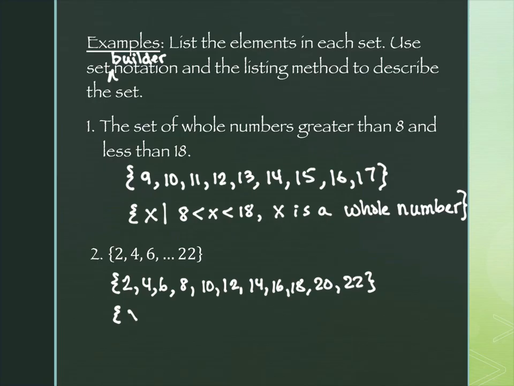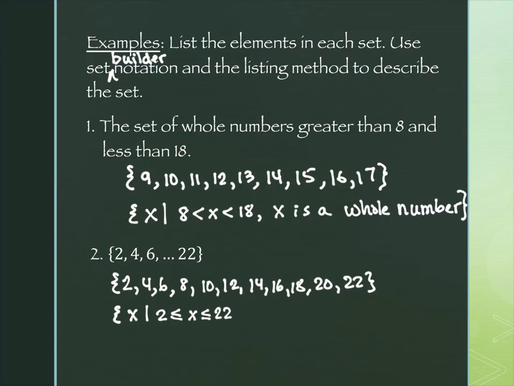So again, it's the x and a bar. And we need to tell it that we are working with the numbers between 2 and 22. Now, you're welcome to use 1 and 23 and do the less thans. I'm going to erase this, so don't write it down just yet. You're welcome to do that, but I would be more likely to use the less than or equal to symbol because of the way they're listed.